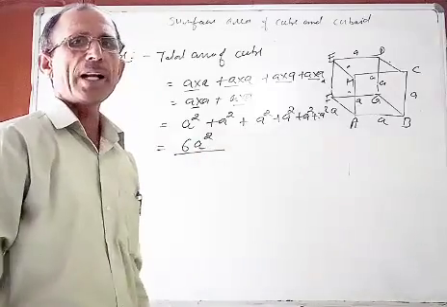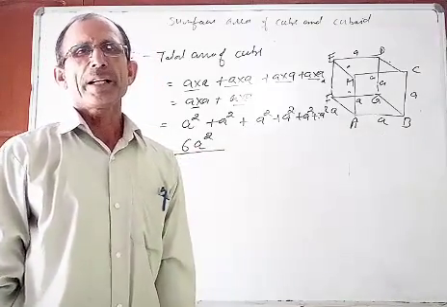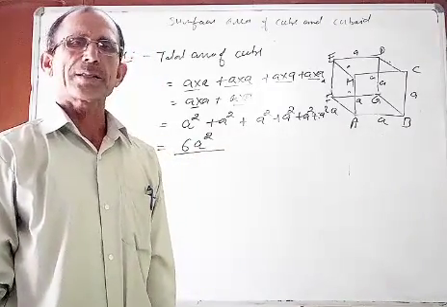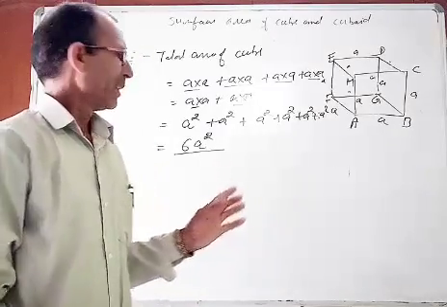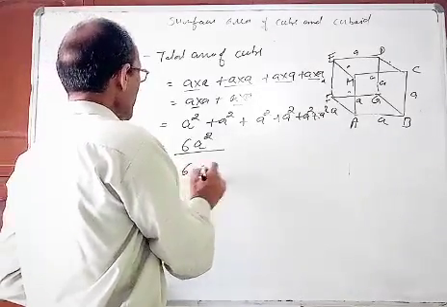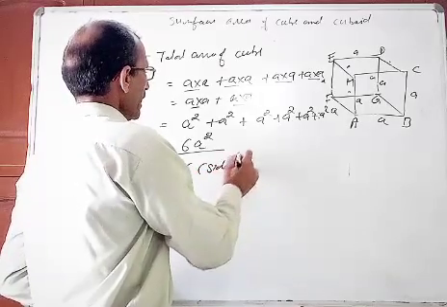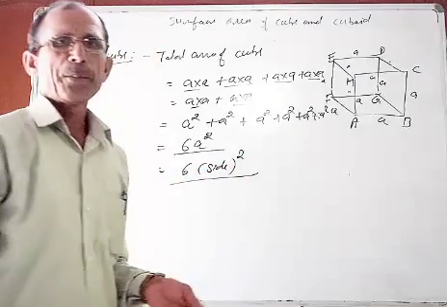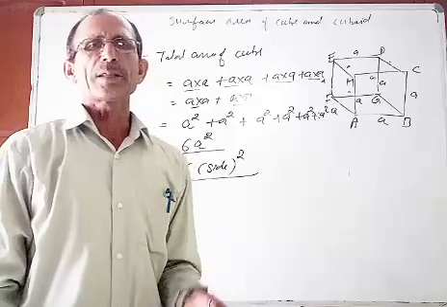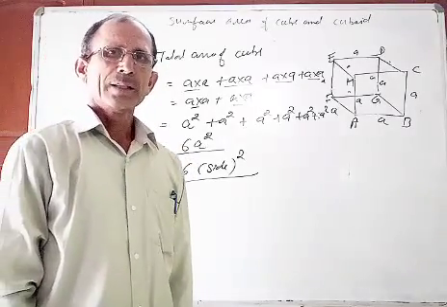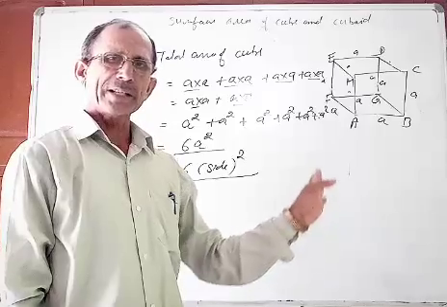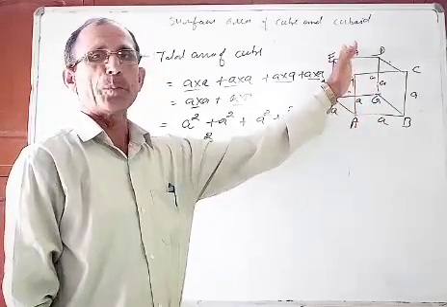A stands for side. So total area of a cube is 6 into side square. This is the formula for finding the total surface area of a cube. Clear? Yes.